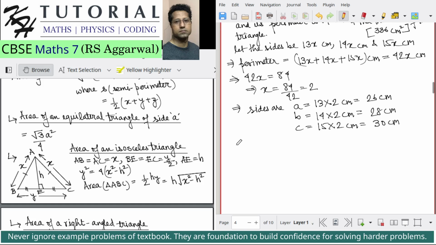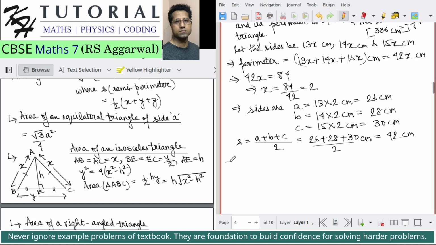Okay, so what will be the semi perimeter? Semi perimeter is A plus B plus C by 2, which is equal to 26 plus 28 plus 30 by 2 centimeter, which is equal to 13 plus 14 plus 15. So this is equal to 42 centimeter.